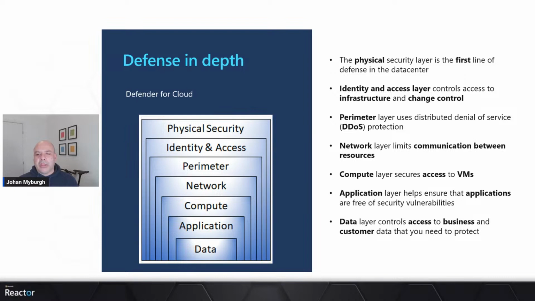We've got distributed denial of service protection that is always available and always on. We've got an enhanced DDoS capability, where there's a cost involved, that will also do a little bit more in-depth DDoS protection on top of the standard options that we've got out there.